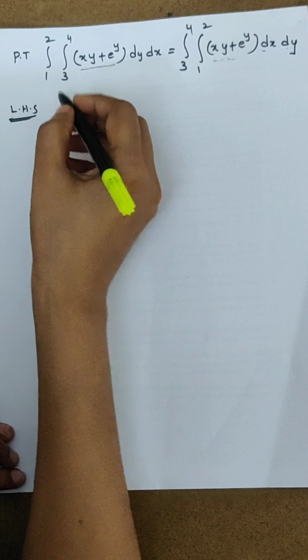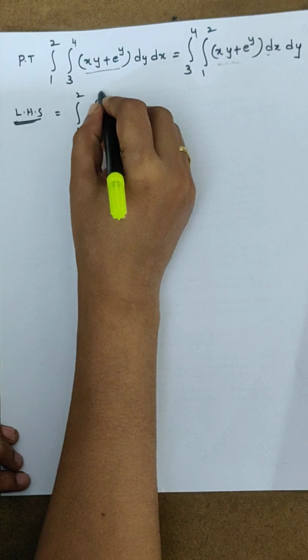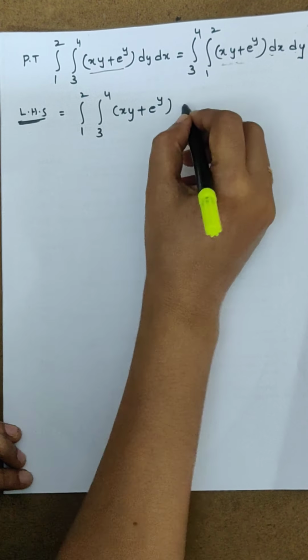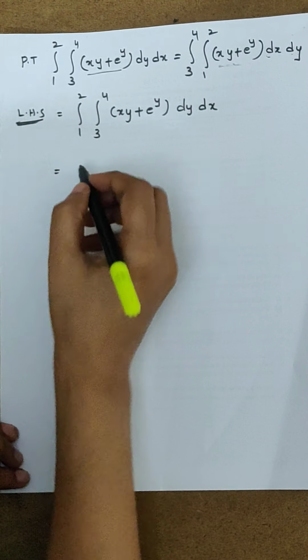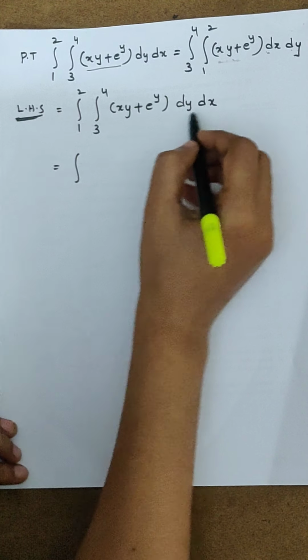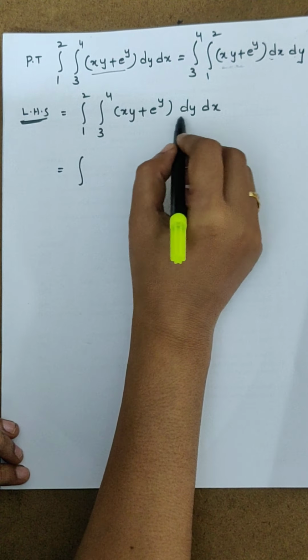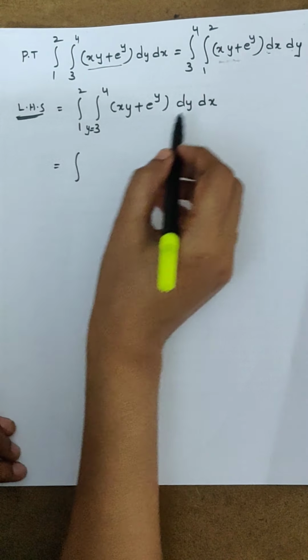So solution, the LHS part is integral 1 to 2, integral 3 to 4, (xy + e^y) dy dx. First of all, the inner integration is dy, that means these are y limits.